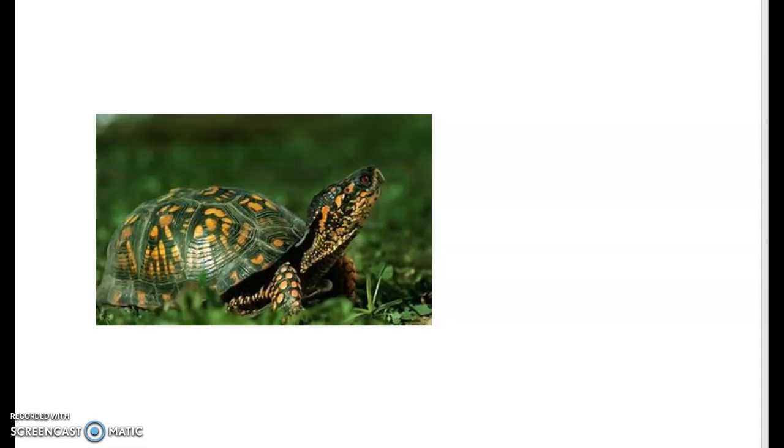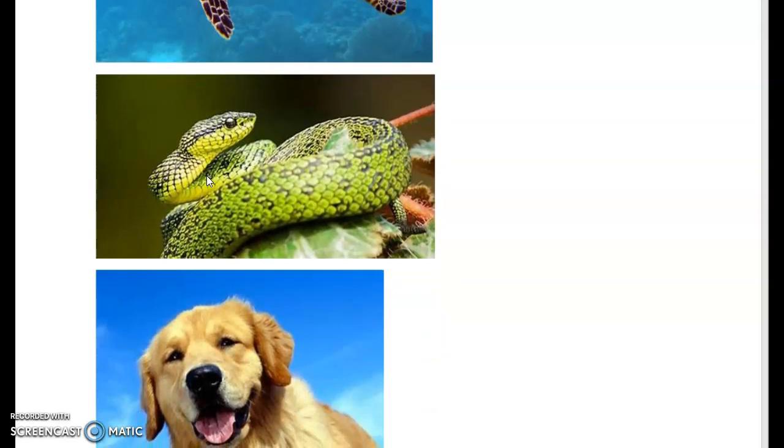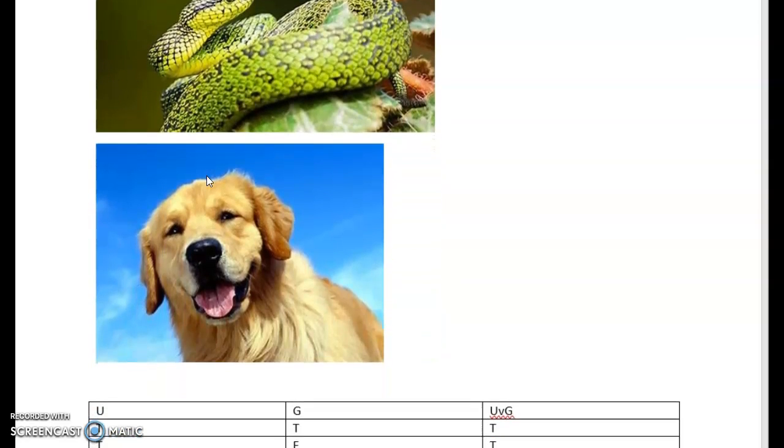So now I'm going to talk about maybe the more complicated thing with truth tables, which is how to turn an argument into a truth table. And here we're going to go back to our friends, the turtle, the green turtle, this red sea turtle. We got this green snake, and we have the doggo.